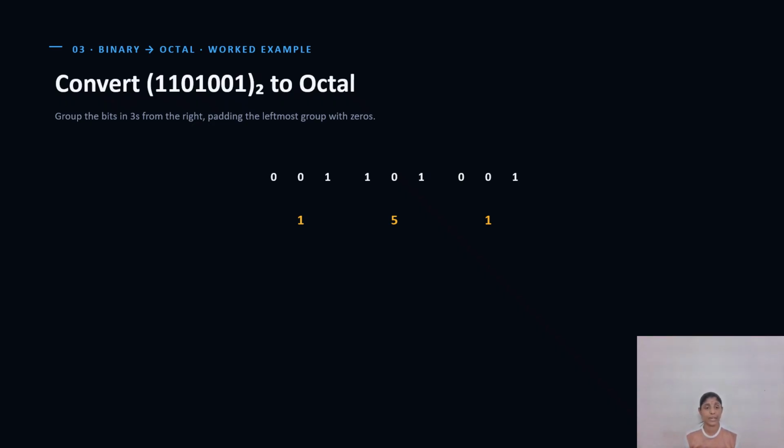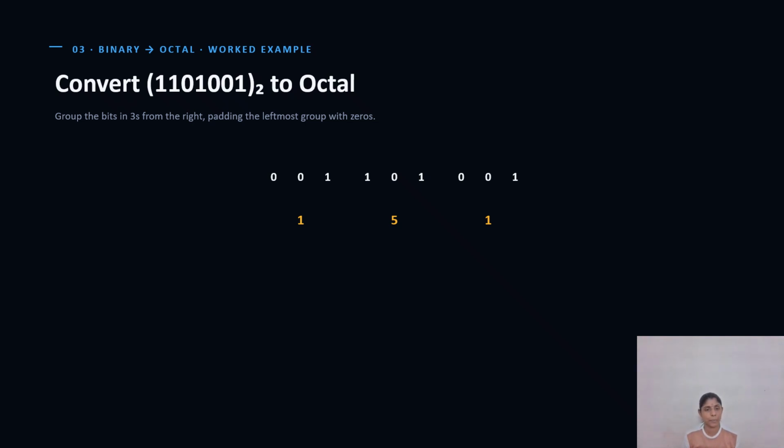Point number 3: if you have any shortage of bits in the grouping, you must append zeros. So these 3 points you have to remember before solving the problem, right? We will see what is happening here.